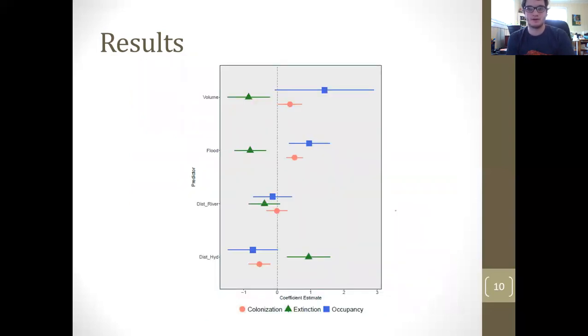By comparing the model coefficient estimates, we were able to determine the magnitude and directional effect of predictor variables in each process model. Even though other variables were significant in the models, flood height was the only significant predictor present in all three processes and had the greatest magnitude of effect.